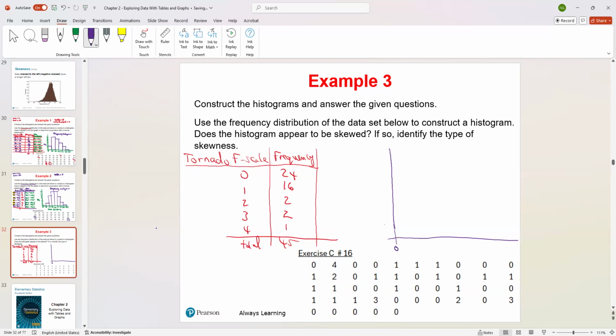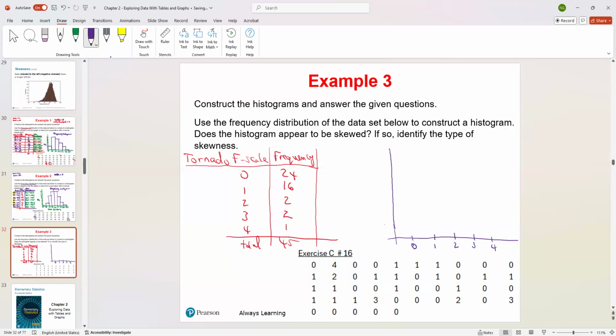For the tornado, yeah, so we can go and construct it with the tornado. I'm gonna put this 0 different, because it's about the X scale. So we're gonna have 0 tornado, 1 tornado, 2 tornado, 3 tornado, and 4 tornado.